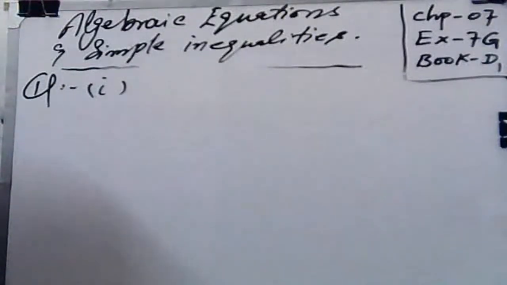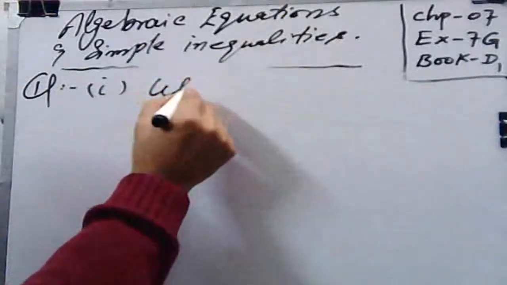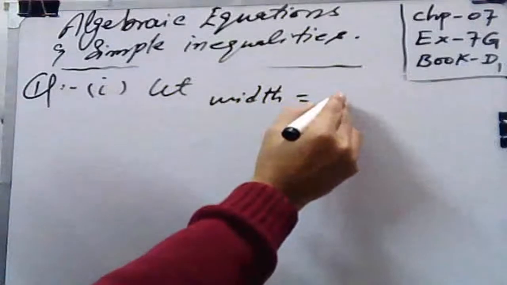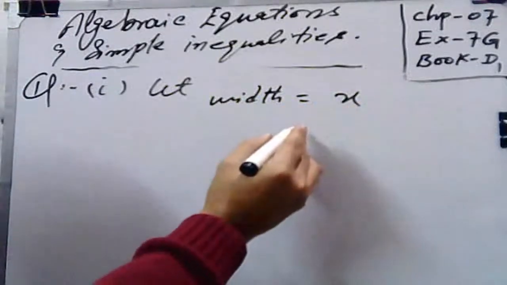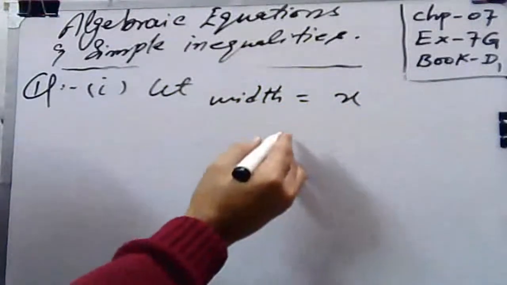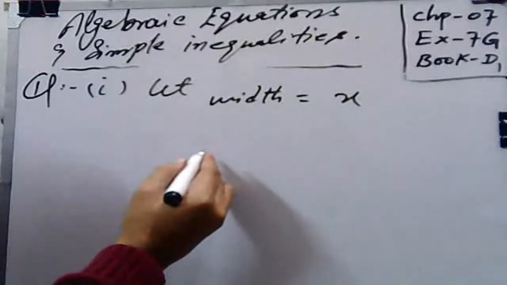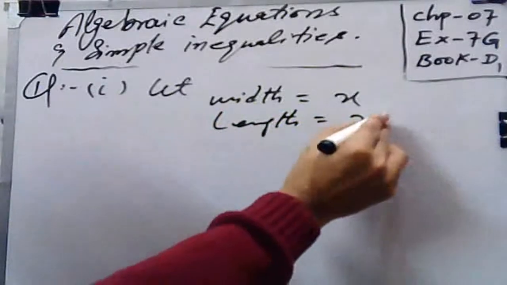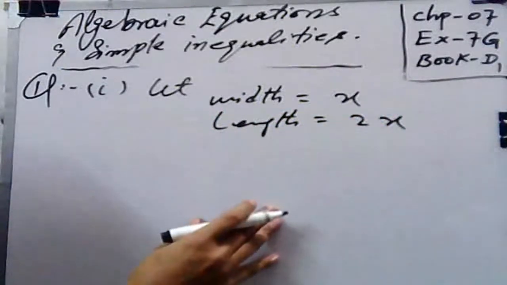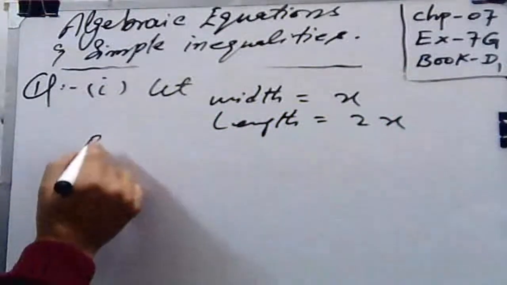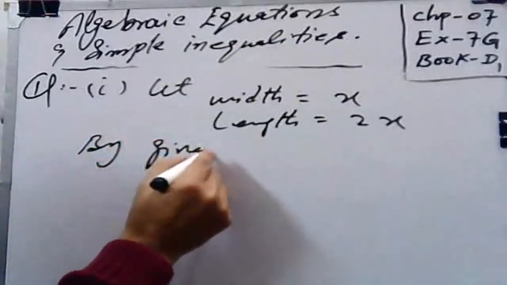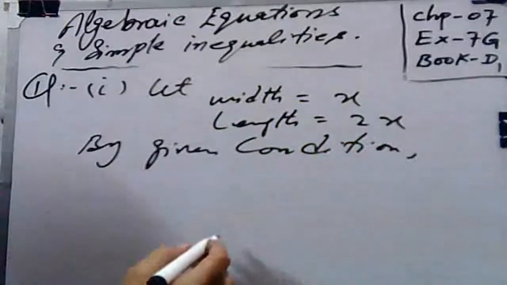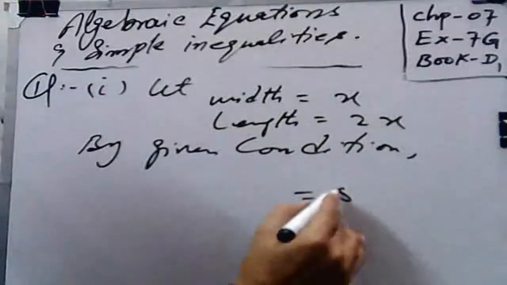So similarly, let width be x, and length is twice, so 2x, 2 times. So by the given condition, you can write as perimeter is 54.